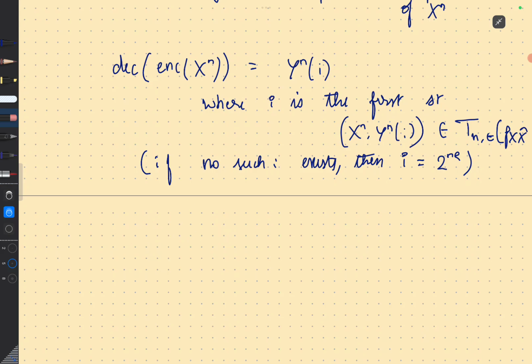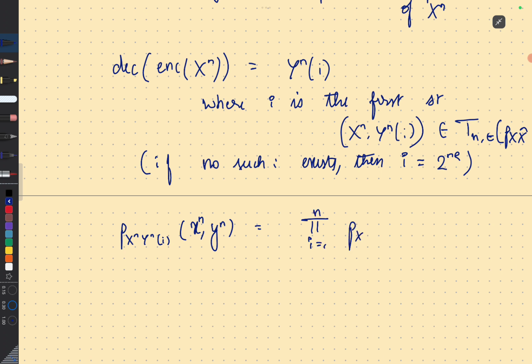To be completely precise, this is equal to the product for i equal to 1 to n of px of xi times px hat of yi.